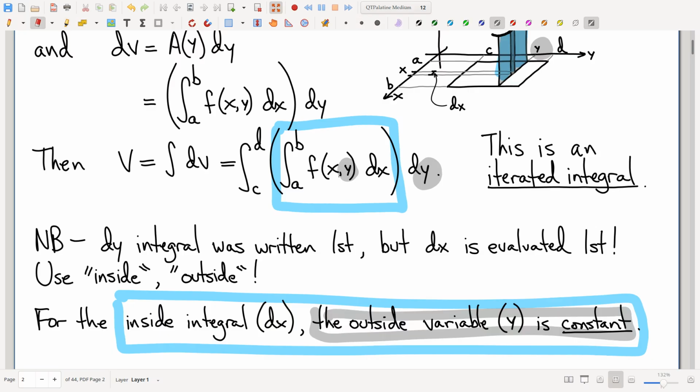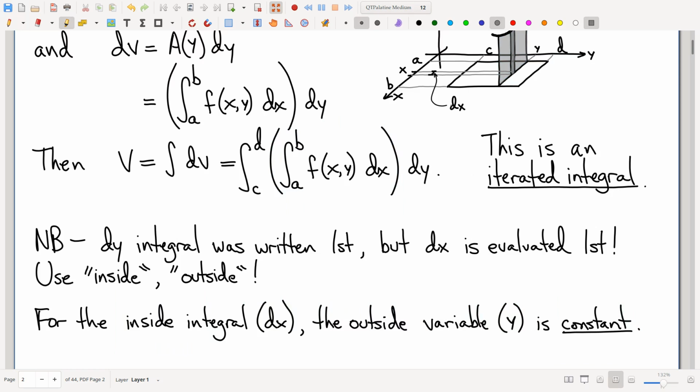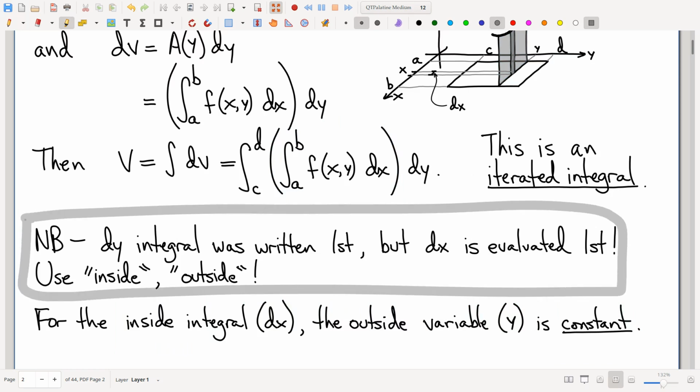Okay, and then I've already kind of used this language here. Let me talk about this a little bit. Try not to say first integral, second integral, because notice when we were developing this, we wrote down the outside integral first, and then the inside integral second. But when it comes to actually cranking this out, can I start by evaluating the dy integral? Nope, can't. I don't even know what its integrand is yet.